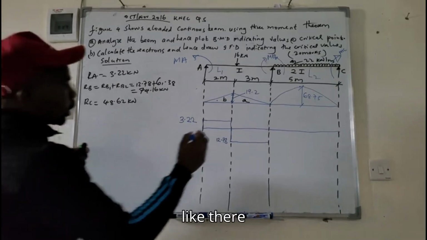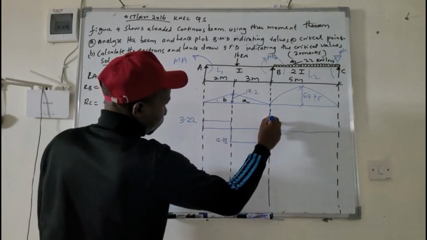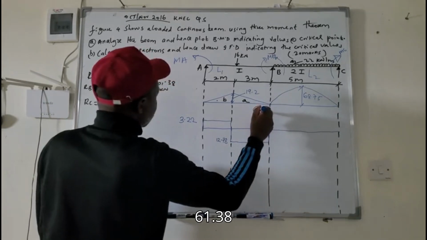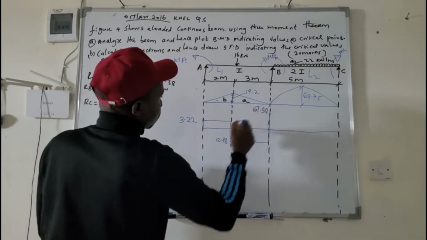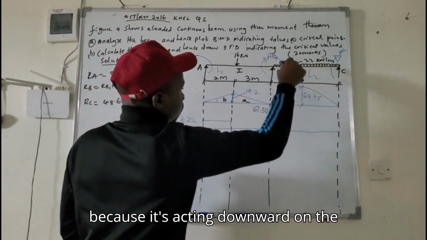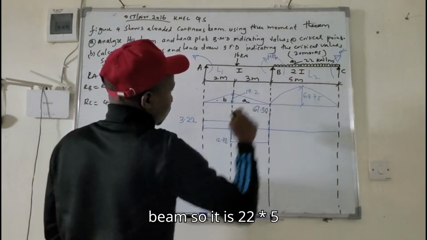So somewhere like there. Now 61.38 minus this UDL, because it is acting downward on the beam, so it is 22 times 5.